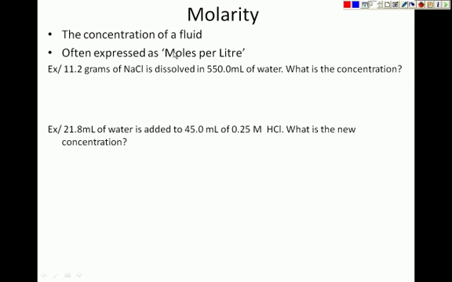So we know what we need. We want the concentration, which is moles per liter, so we need to change 11.2 grams in 550 milliliters of water into moles per liter.